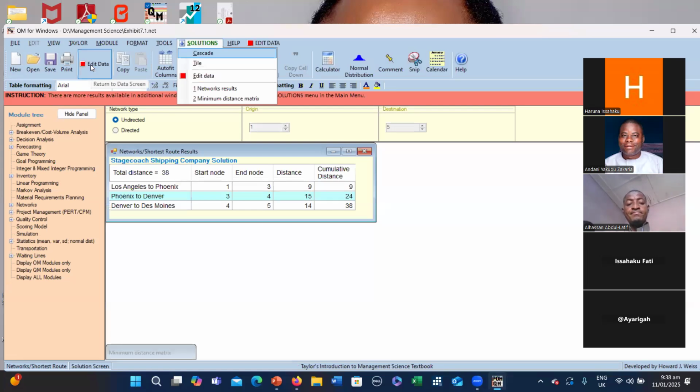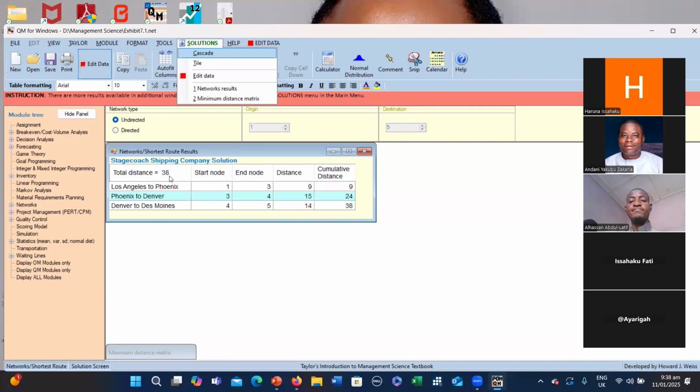And it is telling me that from 1 to 5, I have to move from Los Angeles to Phoenix, from Phoenix to Denver, and then from Denver to Des Moines, which is my destination 5. And I will spend 38 hours.